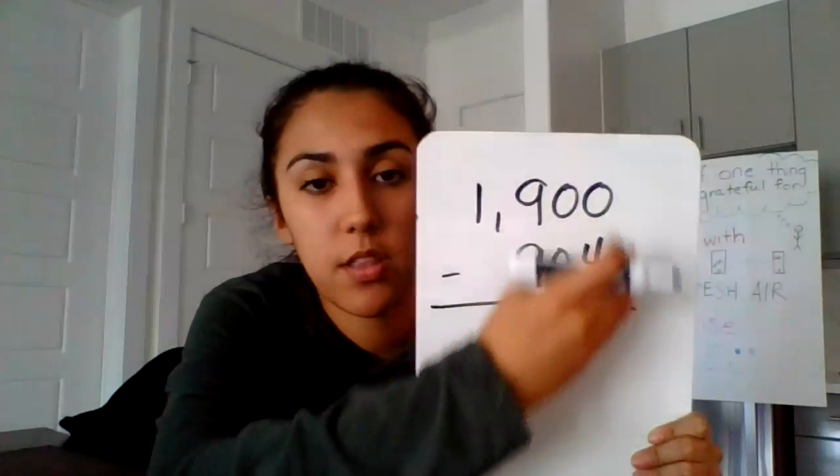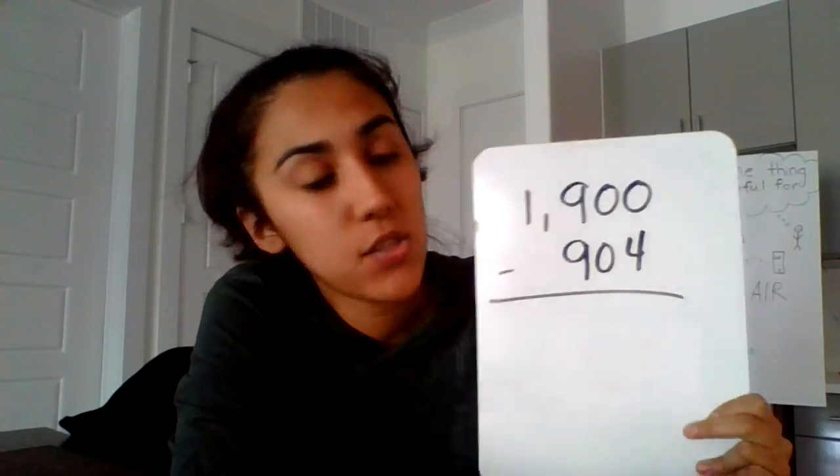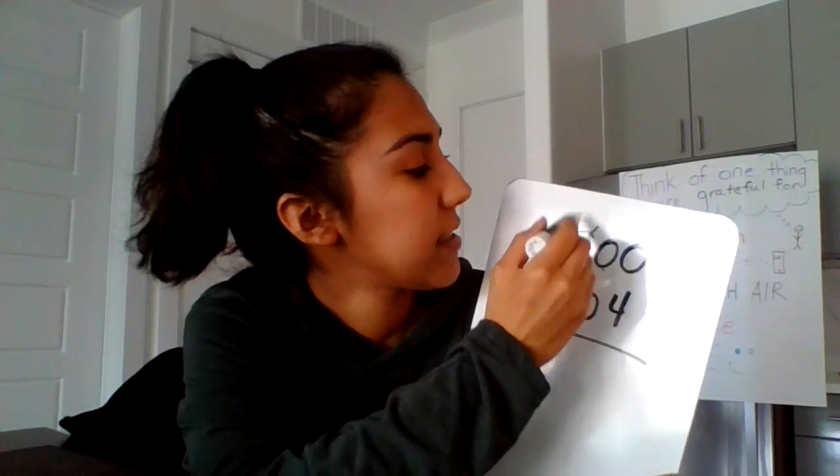So 1,900, make sure you always put the bigger number on top, and minus 904. So you should have it set up like this, and we'll start in the ones place. 0 minus 4, I know I can't do that, so I need to go to my neighbor and borrow. They don't have any to borrow either, so I have to go to the 9. The 9's going to give me 1.